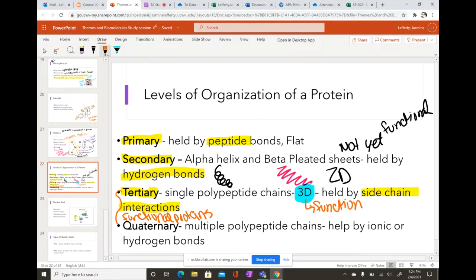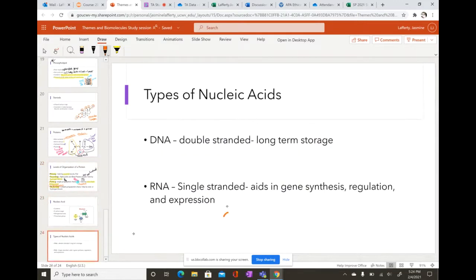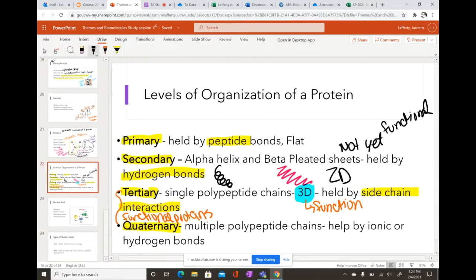Okay, now quaternary, I know we haven't talked about this yet, so I'm just going to briefly graze over it. Quaternary is multiple polypeptide chains. So I could also say multiple tertiary sequences.